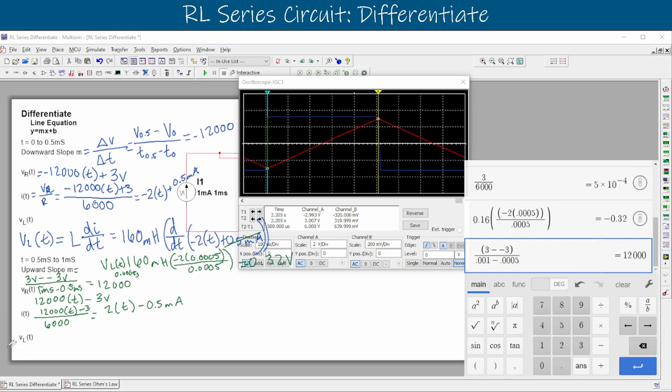So now we can go on to our voltage across that inductor, the same one we just did there. So we'll say that the voltage across the inductor of T, specifically of our time interval that's going to count, so we'll have to do both of them this time, is equal to our 160 millihenries multiplied by d/dt. This is our 0.0005 starting position.